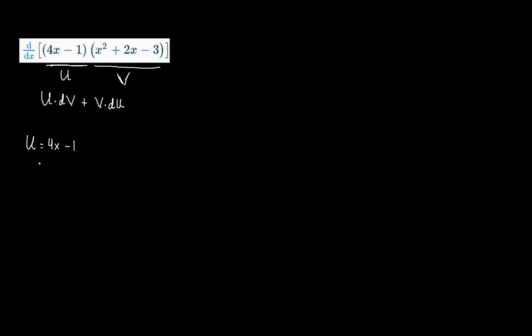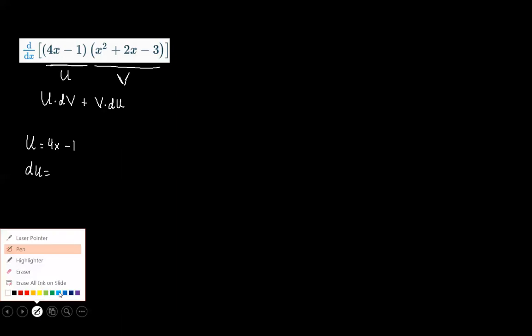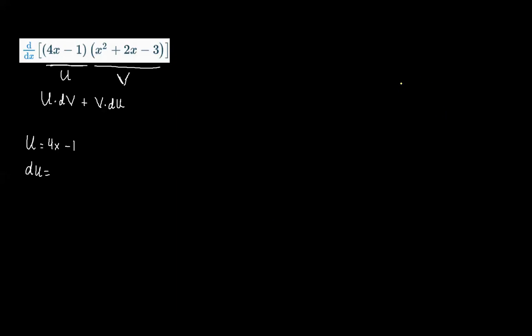Now we're going to get the derivative of U, or the derivative of 4x minus 1. For 4x, simple, we're going to use the derivative of cx.